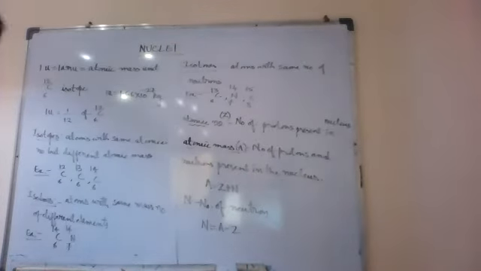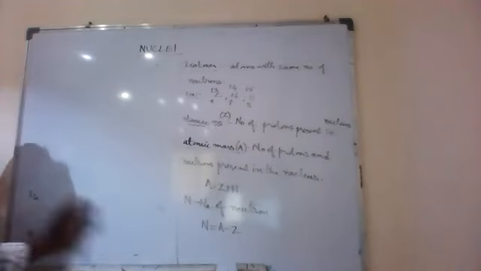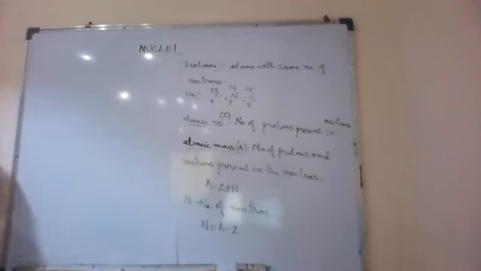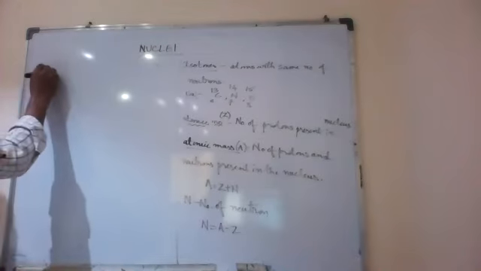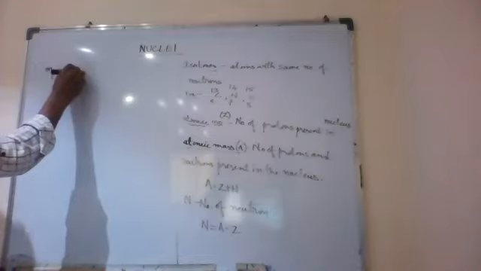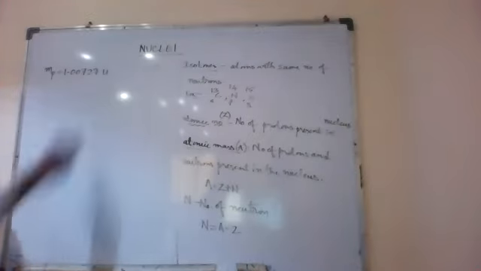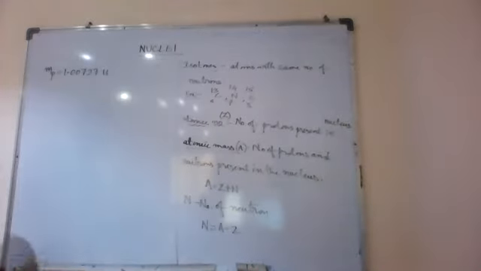I'll erase this side now. Here we have the mass of proton. In terms of atomic mass unit, mass of proton is written as mp, 1.00727 u.